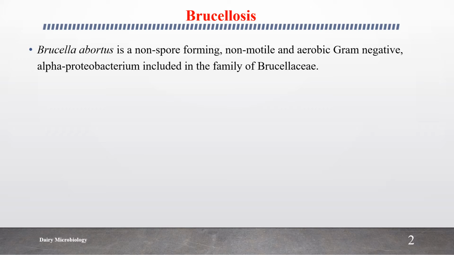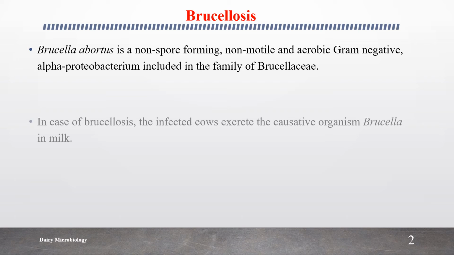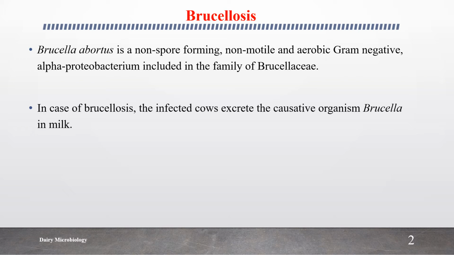In case of brucellosis, the infected cows excrete the causative organism, that is Brucella, in milk, from where the organism can be isolated directly by plating onto the surface of plates of serum dextrose agar containing various antibiotics to inhibit the growth of contaminants.